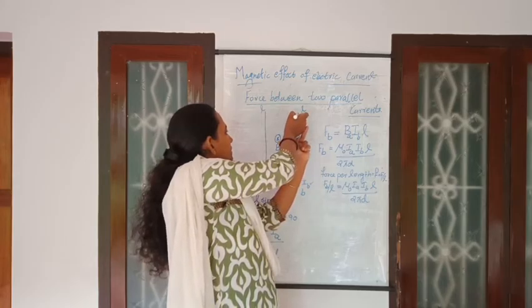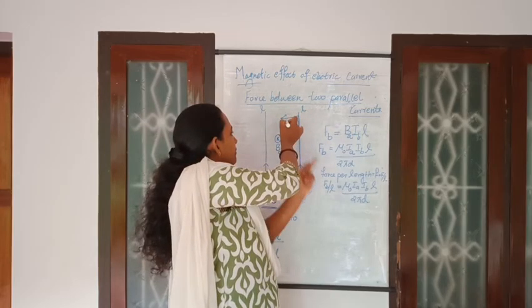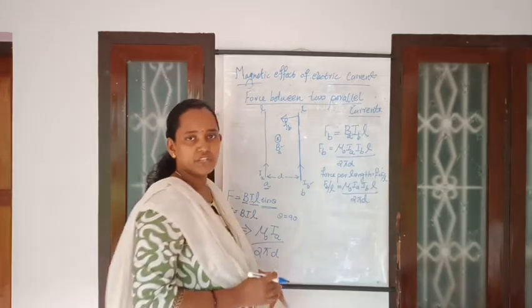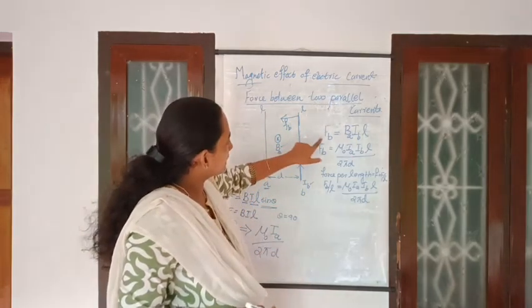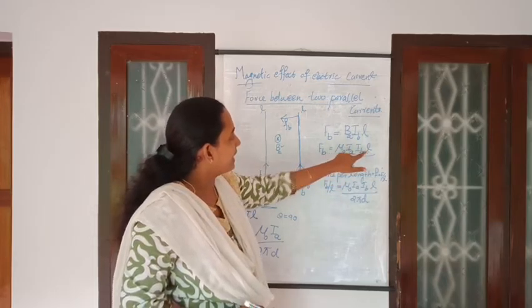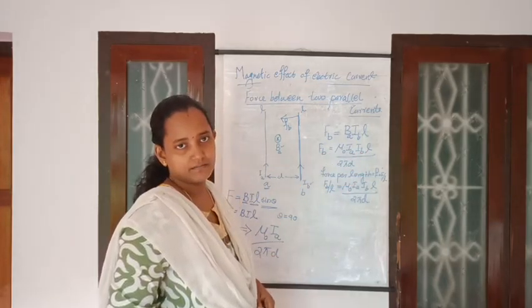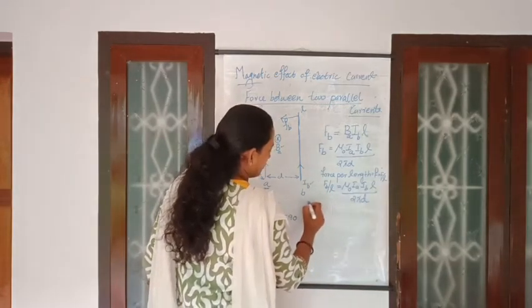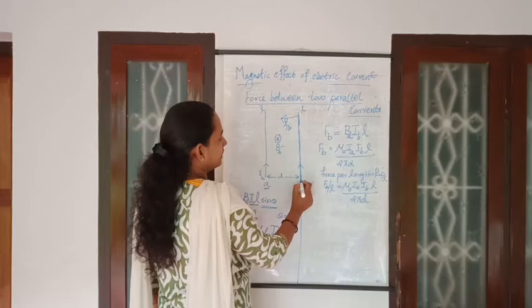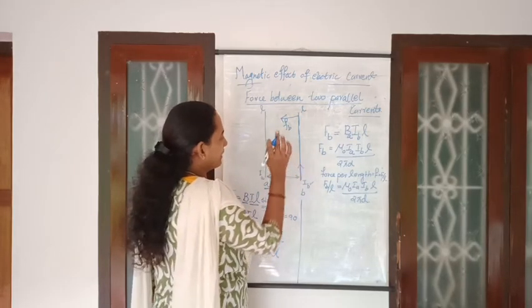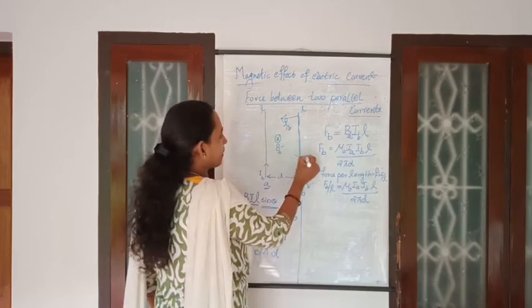Therefore, this conductor B is experiencing a force F_B towards this direction, that is mu 0 Ia Ib L divided by 2 pi d. In the same way, consider the other conductor: if a current Ib is passing, it will produce a magnetic field around it.